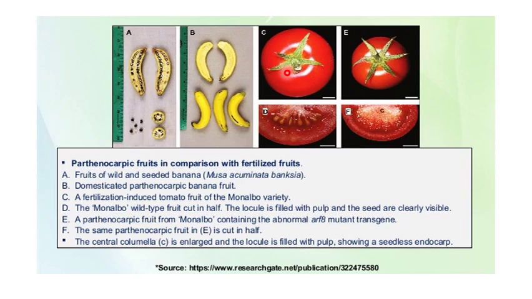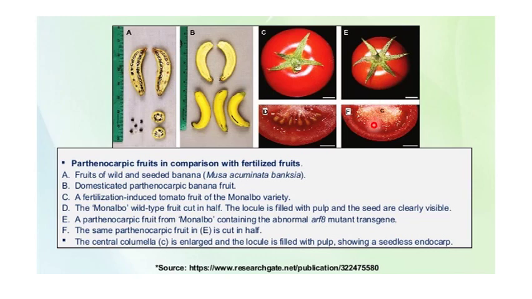In section D, when this Monalbo wild type fruit is cut in half, the locule is filled with pulp and the seeds are clearly visible. On the other hand, in portion B, a parthenocarpic fruit from Monalbo containing the ARF8 mutant transgene.